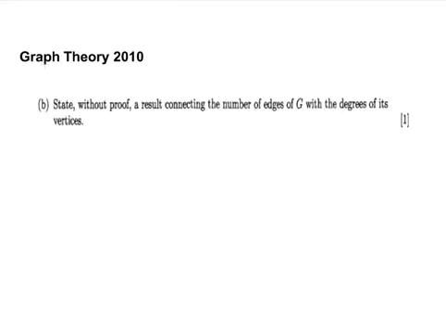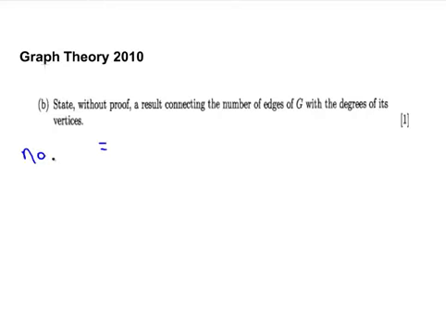The next part is, state without proof a result connecting the number of edges of G with the degree of vertices. Now, suppose you have n vertices. No, sorry, that's actually not true. It's the sum of the degree sequence.